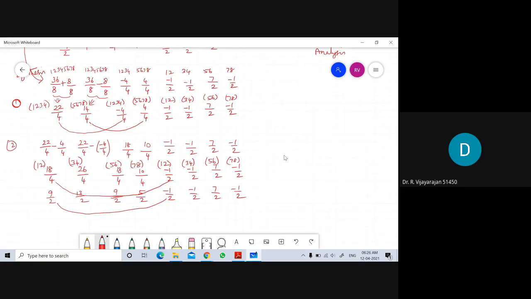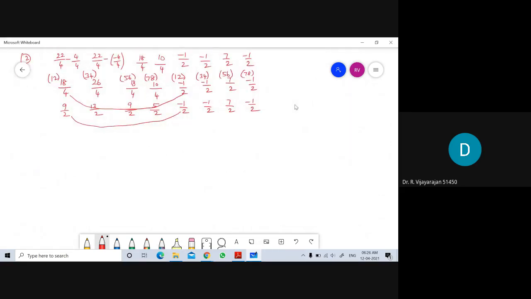Now you consider these two values. Because these two have similar indices, 1, 2, 1, 2, go for summation and difference. So it is going to be 9 by 2 minus 1 by 2, then 9 by 2 minus of minus 1 by 2. Clear? So it is going to be 8 by 2, then 10 by 2.